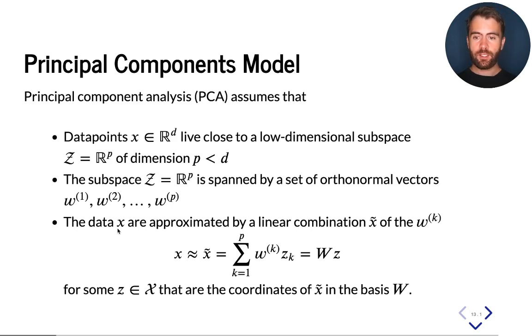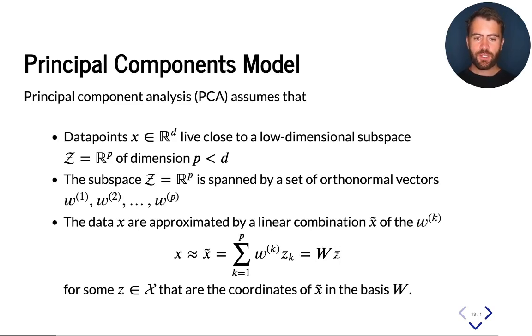Since most data lives in or close to this subspace, we can approximate any data point X by an approximation X tilde, which is a point that lives in this low dimensional space Z, and therefore it can be written as a linear combination of the basis vectors that span this space, and we can write it in this form as a matrix.